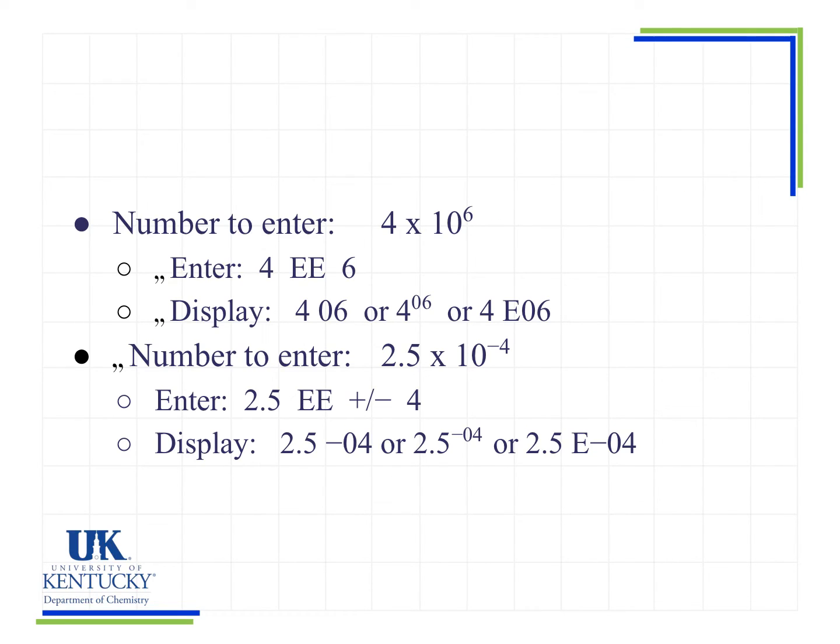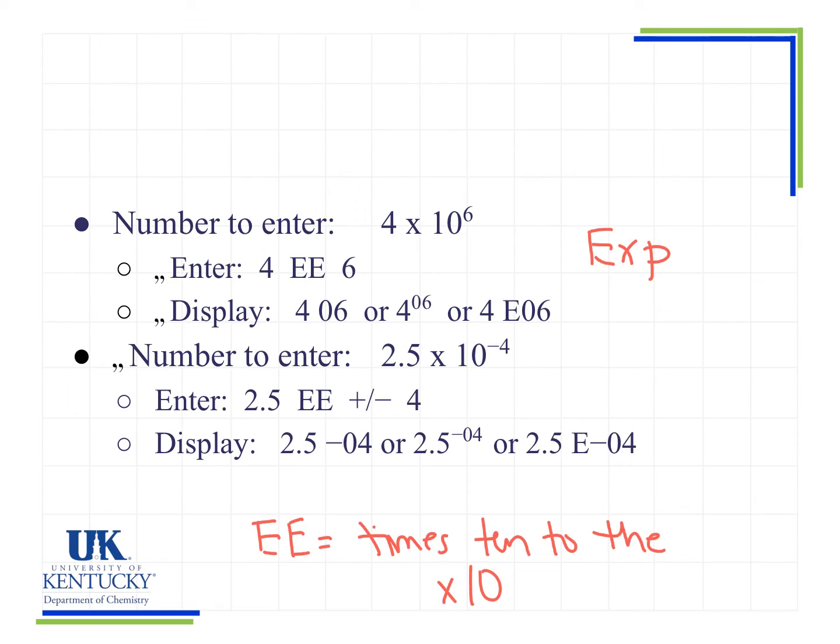When you're entering numbers in scientific notation on your calculator, you need to make sure you use the correct format. Note that many calculators have a button labeled EE, or sometimes it's labeled EXP, and that button means times 10 to the. So you don't need to type in any of this part.